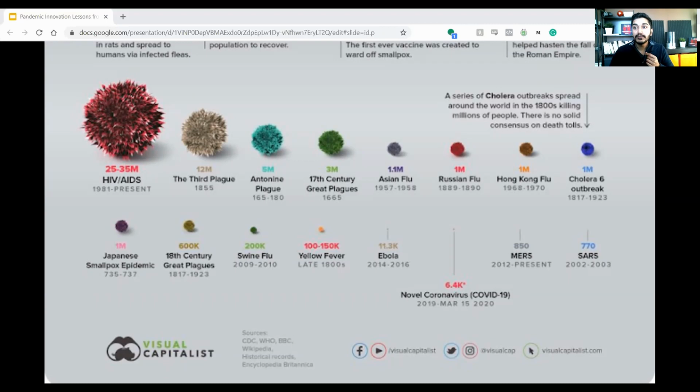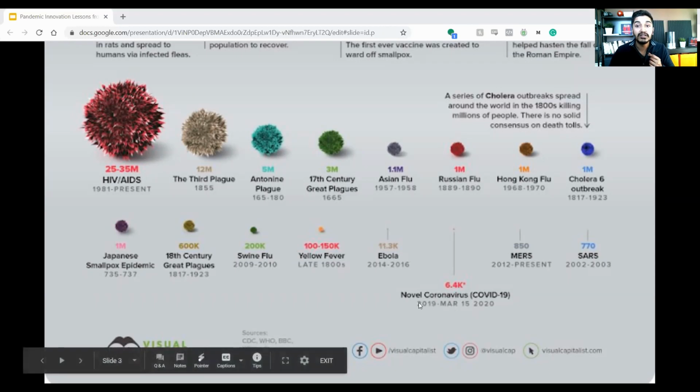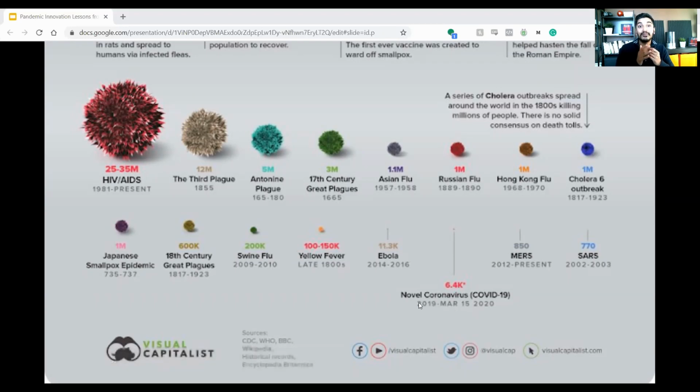Over here you will see the coronavirus, updated March 15th, so obviously it's a bit different now. Today is April 9th, a huge difference, and obviously a large increase in the number of casualties.